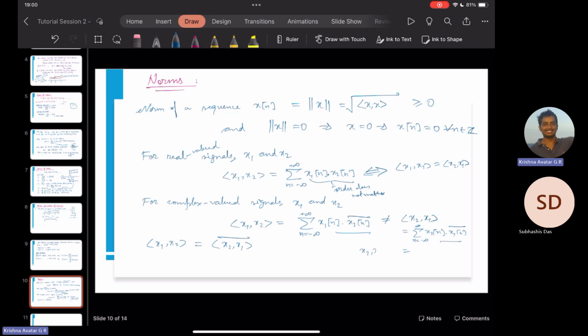Say x2 comma x1 conjugate. Then, as you recall, the conjugate of a product goes to the product of conjugates, right? So you can write it as the sum from minus infinity to infinity of x2[n] conjugate dot x1[n]. This already had a conjugate, so there is a double conjugate, and the conjugate of a conjugate gives us back the original, as if we had not even applied the conjugate operation over it, right?